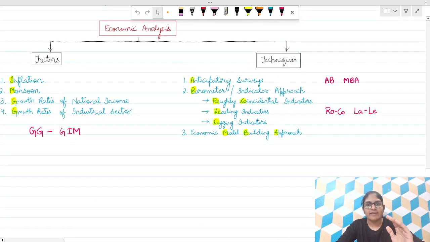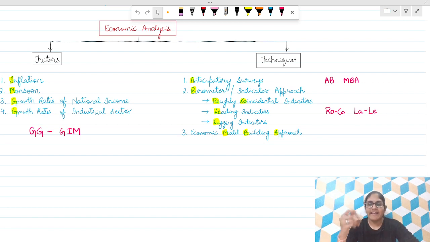Now let's revise economic analysis factors and techniques. Factors we studied: gym. I is inflation, M is monsoon, and GG is growth rates of national income and related measures, growth rates of industrial sector. Now coming to techniques. You remember top MBAs, that is A and B grade MBAs. They were showing attitude, so the CA said ROCO Lale.